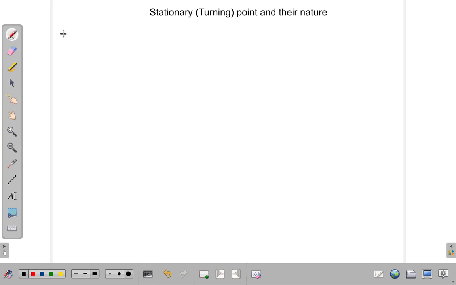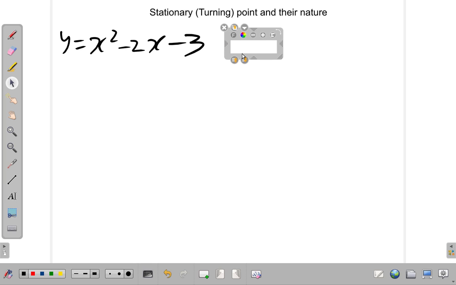We have y equals x squared minus 2x minus 3. Question. Let me type them. Find the location of the, let's call it SP, the stationary point.